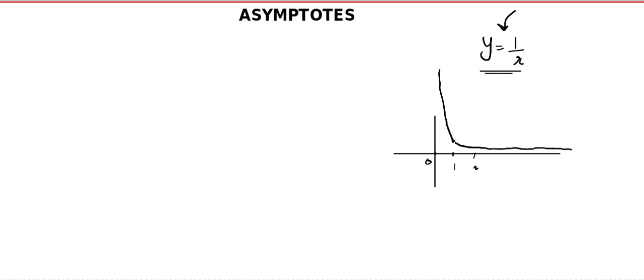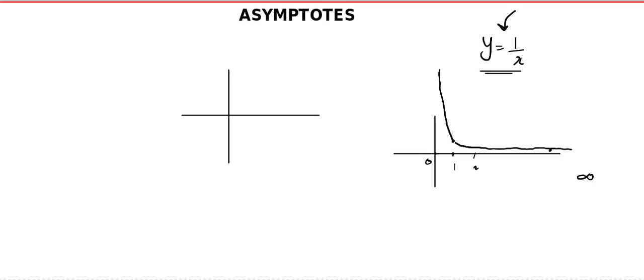The x-axis is a line, so the distance between the curve and the line decreases, but they never meet. Or in other terms, we can say that they will meet at infinity. But infinity is not included in the real number system, so you're never going to see them meet.